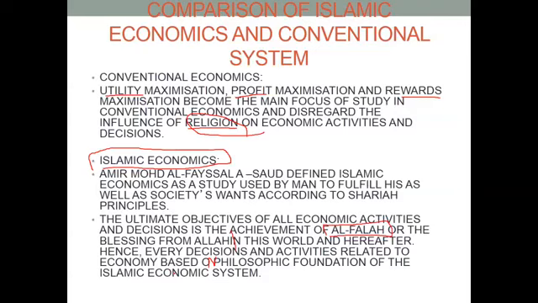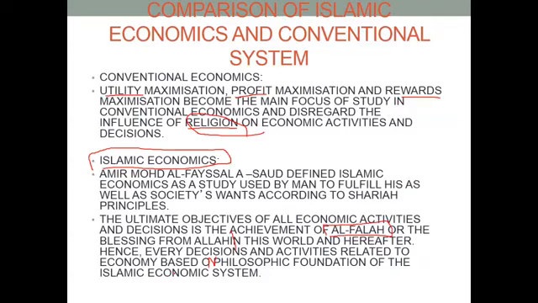Whereas for Islamic economics, we do the calculation for two time horizons, world and hereafter, dunya wal akhirah.